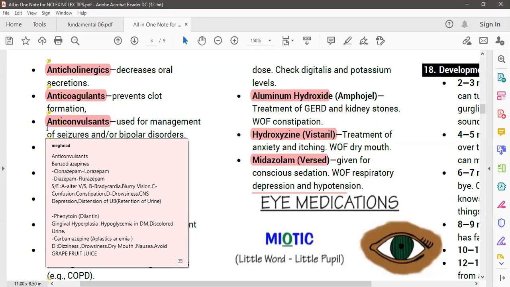A stand for aplastic anemia. Means cell production go down, less WBC, less RBC, and less platelet, aplasia developed. We call it aplastic anemia.